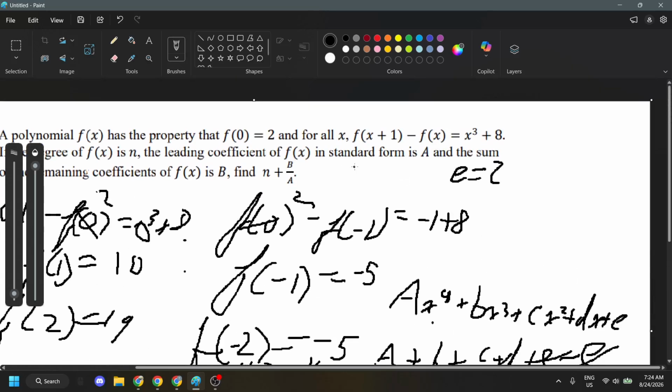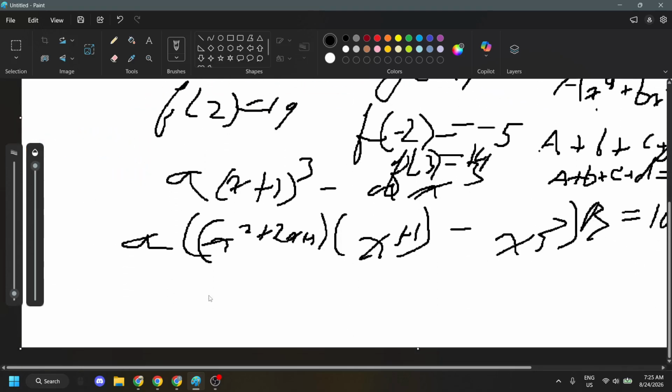Well, maybe let's look at x cubed. Let's say this is quartic. Then the only term we need to worry about for x cubed is a times x plus 1 to the 4 minus x to the 4.